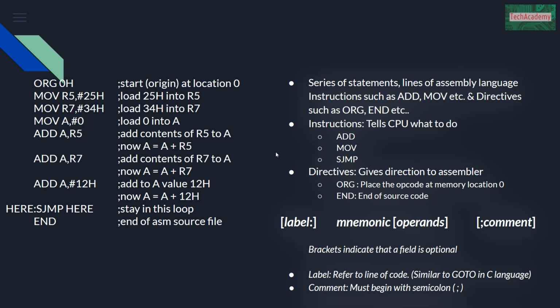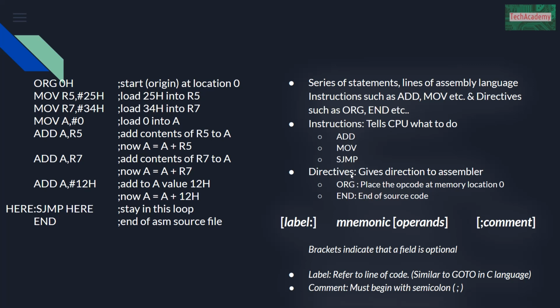So these three instructions we have seen in this particular program. And then directives. What is a directive? Directives are nothing but the directions which we give to the assembler. In C language you use preprocessors. What is the use of a preprocessor? Preprocessors act before compilation.